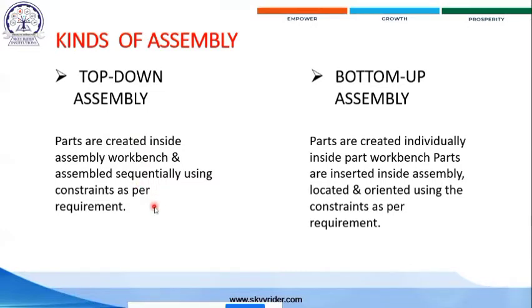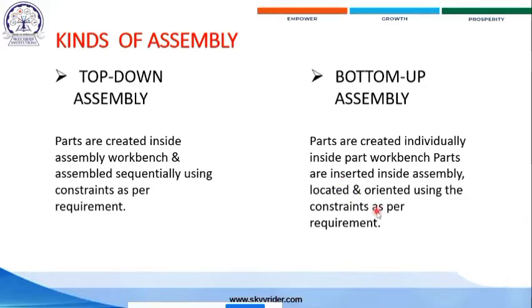In top down assembly we take a base component, and based on it we make the rest, and the next part in sequence. Then we give constraints as per the joints as per the requirement. That is top down assembly.